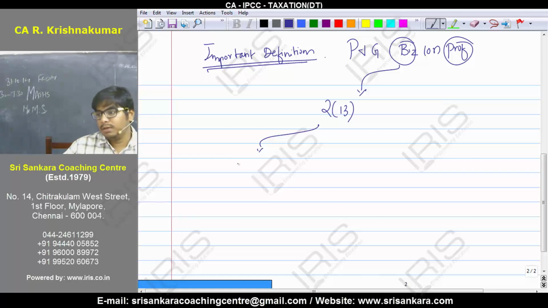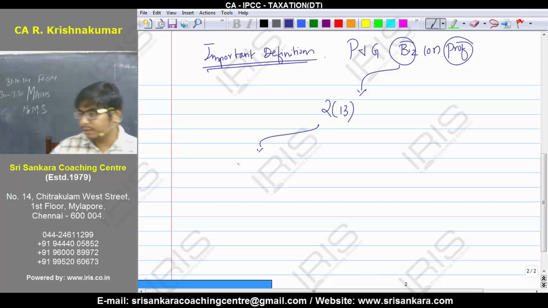So same concept. Even if there is only one transaction in the nature of trade, commerce, or manufacture, even that transaction will be covered under business under the Income Tax Act. Even if it is not a going concern, you are doing business only one time, a single activity, that is the adventure in the nature of trade, commerce, or manufacture.